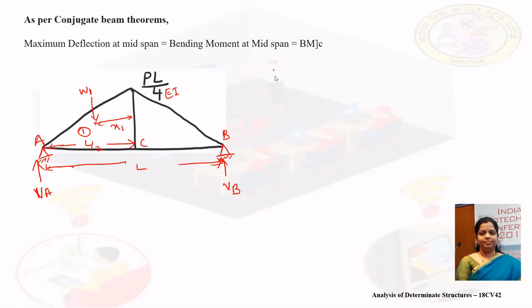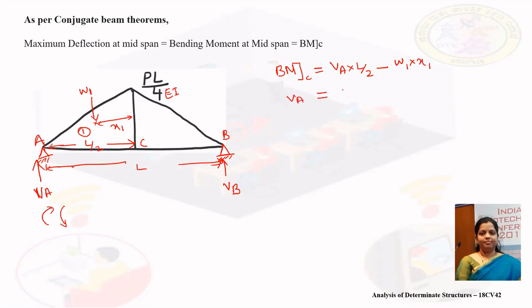So bending moment at point C is VA into L by 2, which is creating a clockwise moment, and minus W1 into X1, which is creating an anti-clockwise moment.